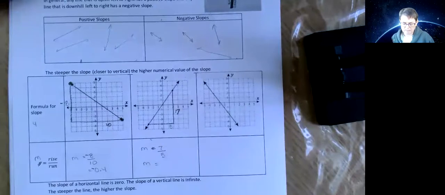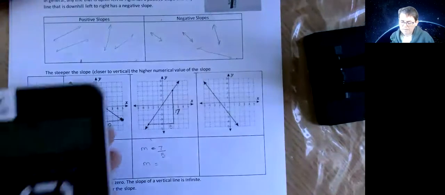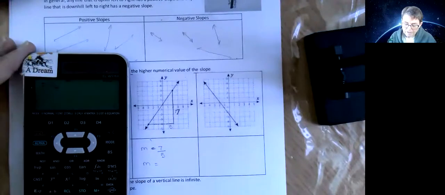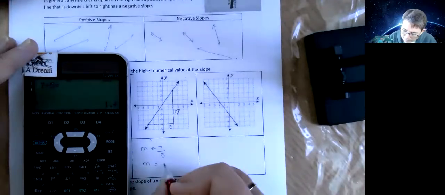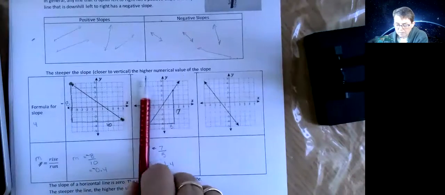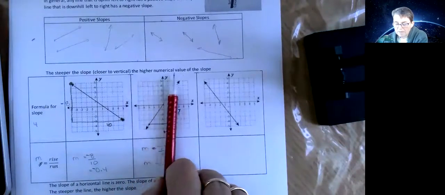There's a fraction like that. But it should be 1.4. There we go. And then I'm going to double check as I'm reading this way. If I was a little bug and I'm traveling this way, I have to go uphill. So that's positive. So we're good.